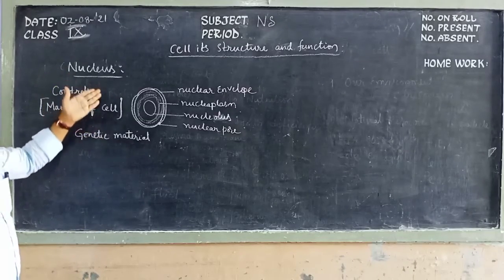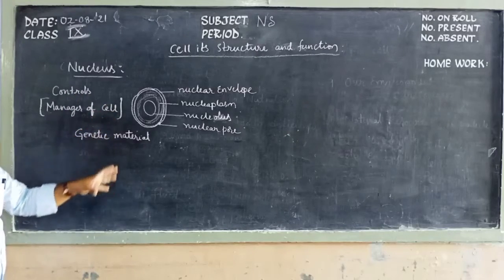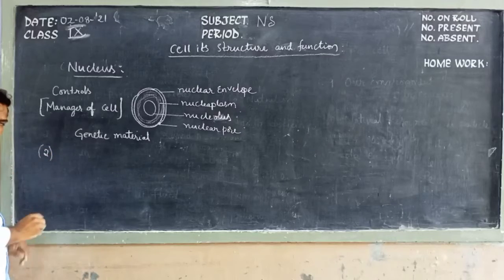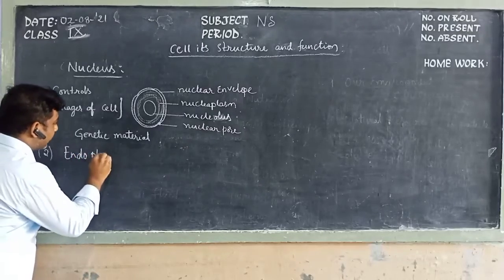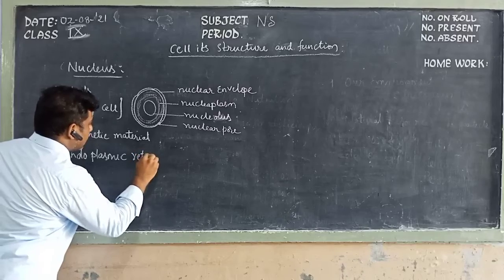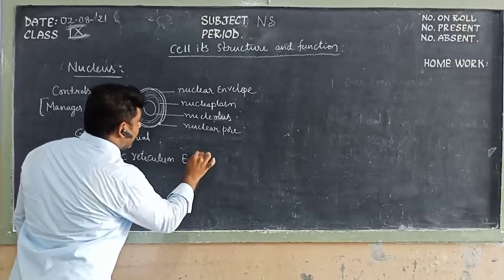Beside this nucleus, immediately after it, it is followed by another cell organelle called the endoplasmic reticulum. Generally we call it ER.